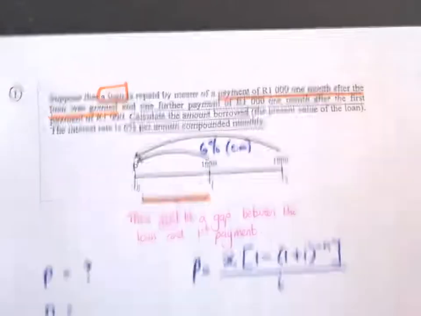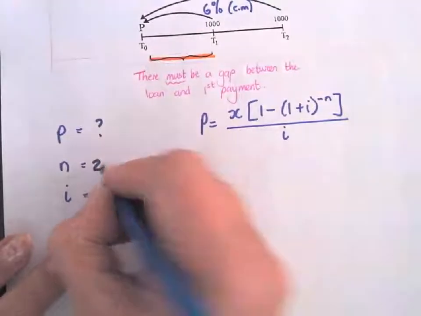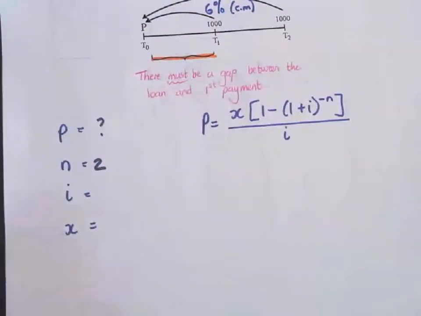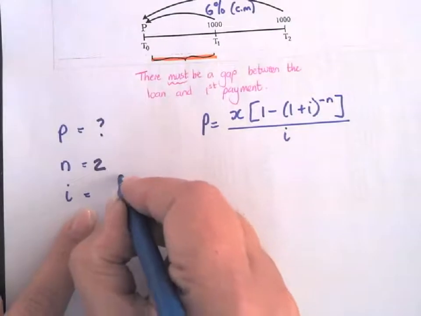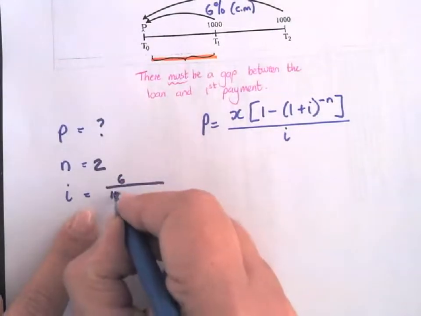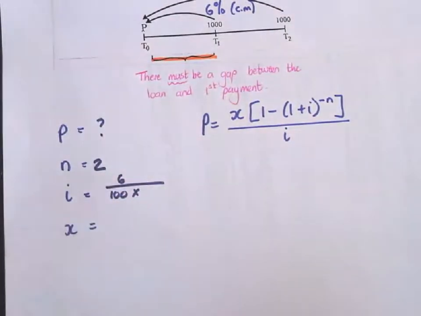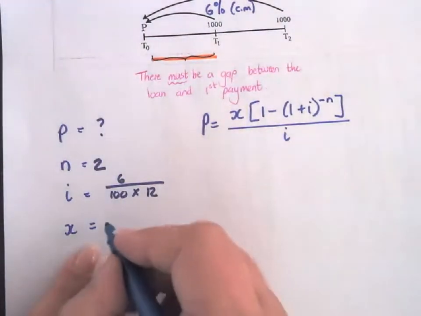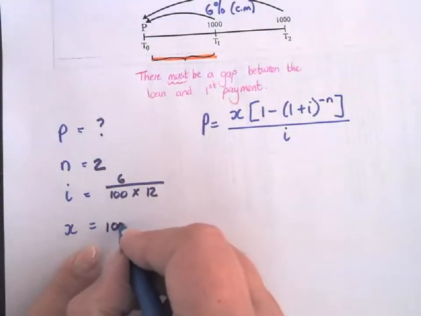So N is 2. No years. I is 6%, so it's 6 over 100 times, because I talk about monthly payments, it's times 12, even though we only paid 2 months. X is 1,000 rand.